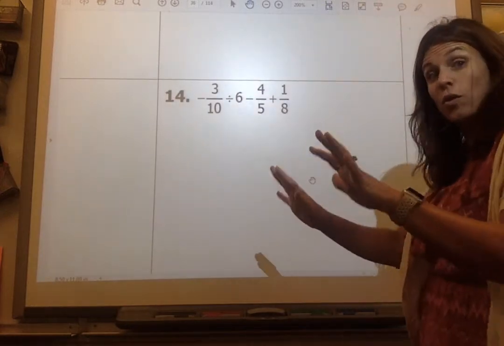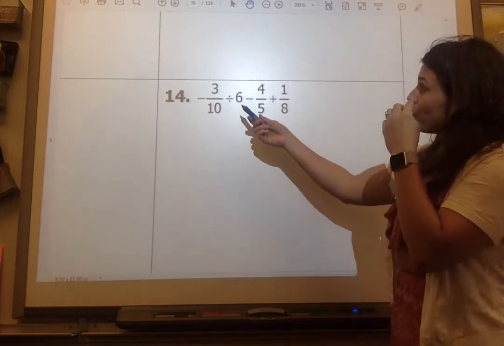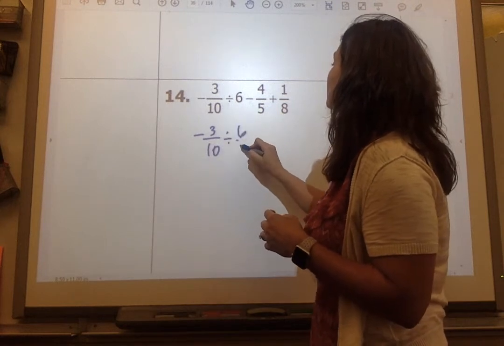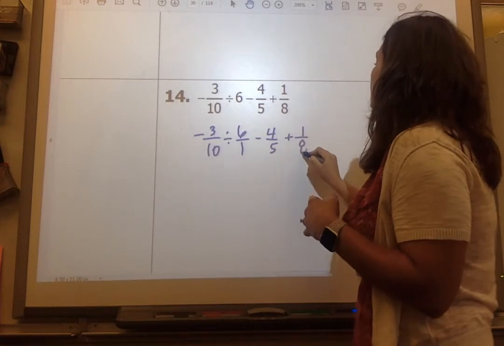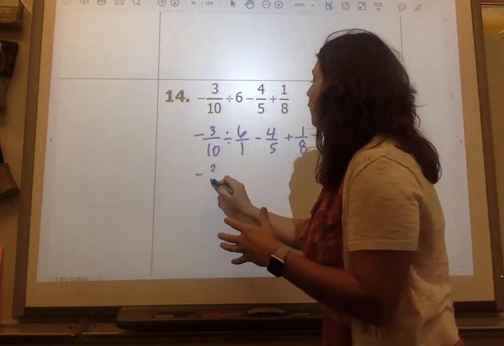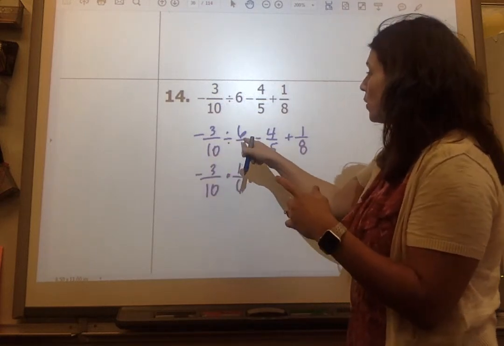We got these fractions. Don't fear the fraction. So I have division first. So this is negative 3/10 divided by 6 over 1 minus 4/5 plus 1/8. So remember, how do you divide fractions? So you think keep the first term, switch, and flip. Keep, switch, flip.